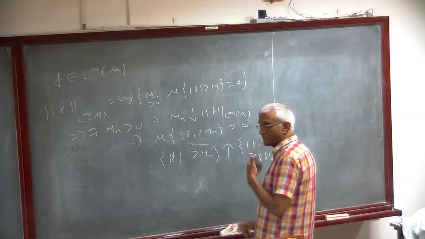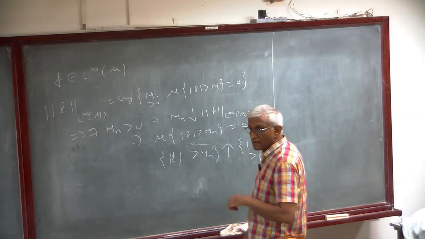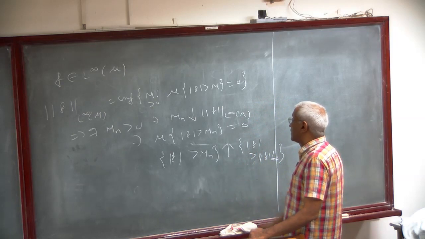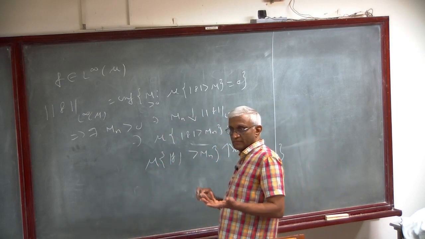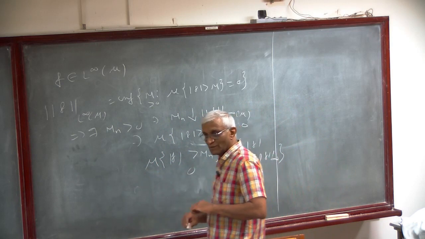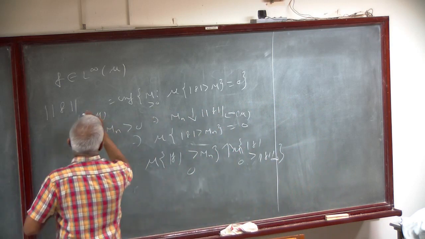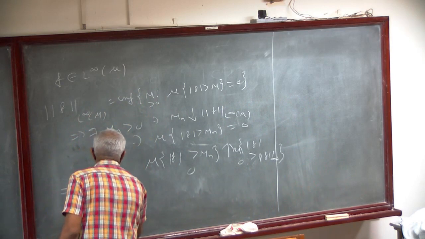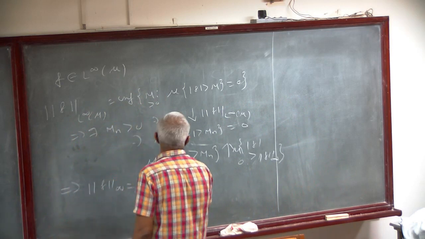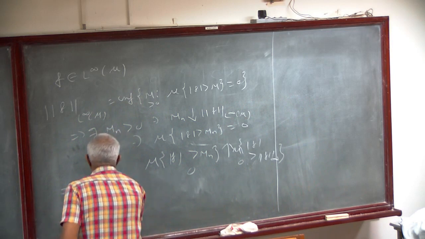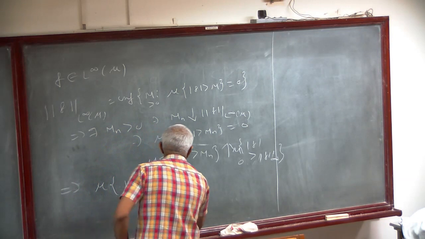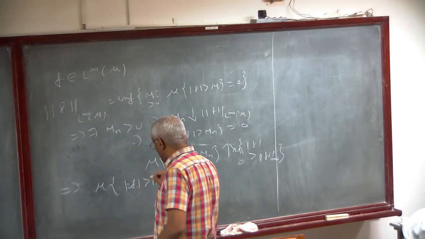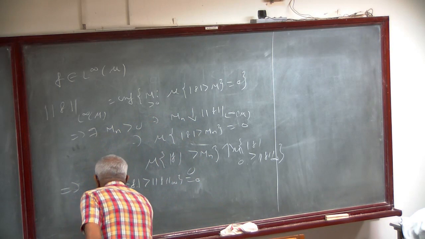Then mu of this will increase to mu of that. So these are all zero, so this should also be zero. This implies this infimum is attained, and mu of the set where mod f is greater than the norm of f in L infinity is equal to zero.